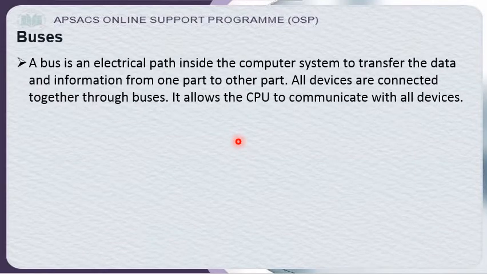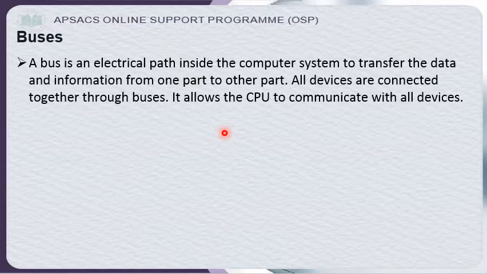Inside a computer, the communication between components is done through buses. These buses are an electronic pathway, or we can say electronic lines, through which data and information move from one part to another part.